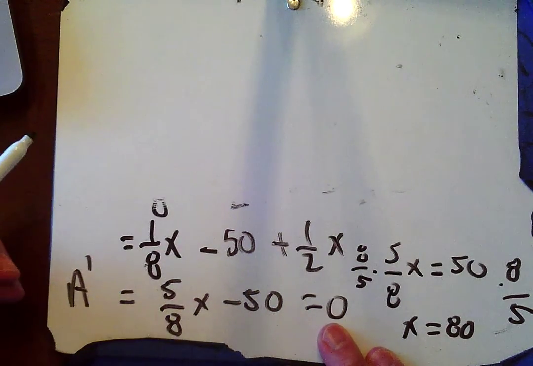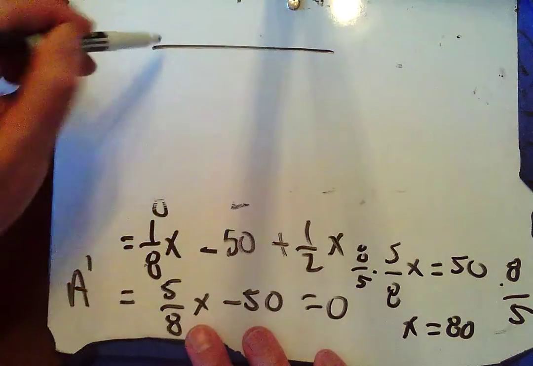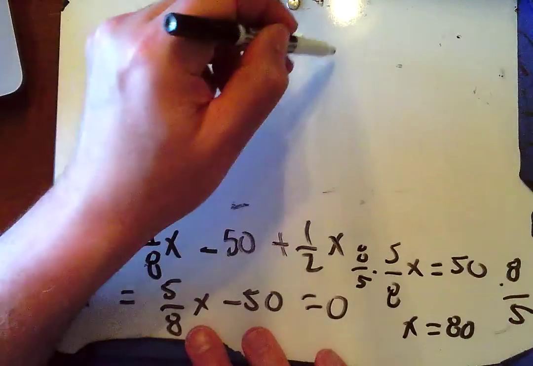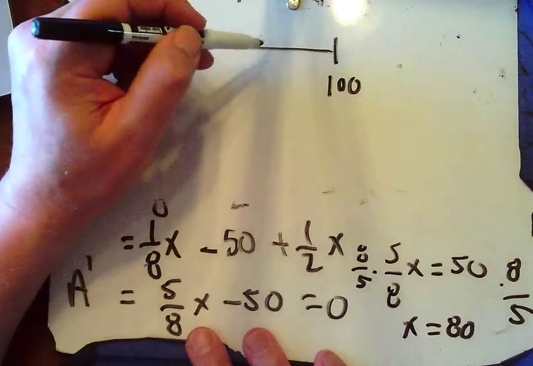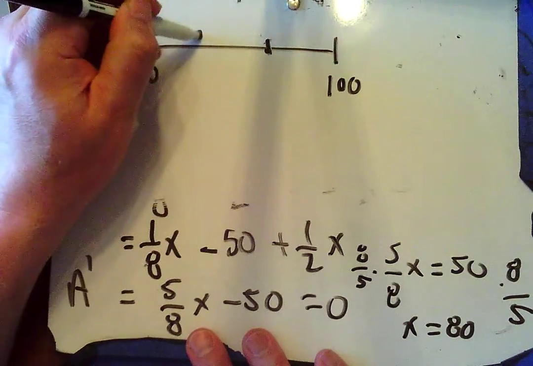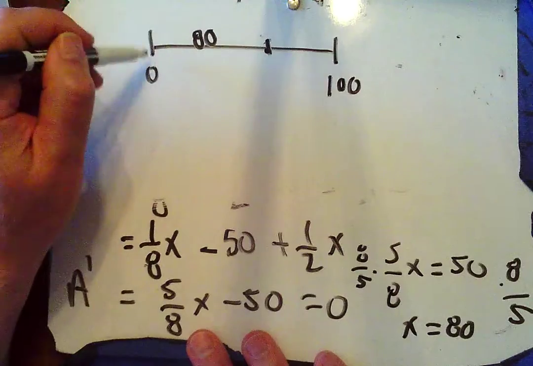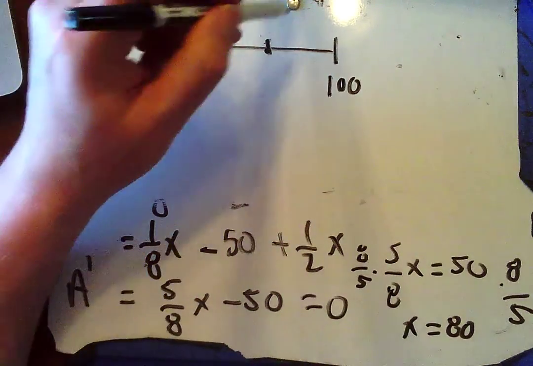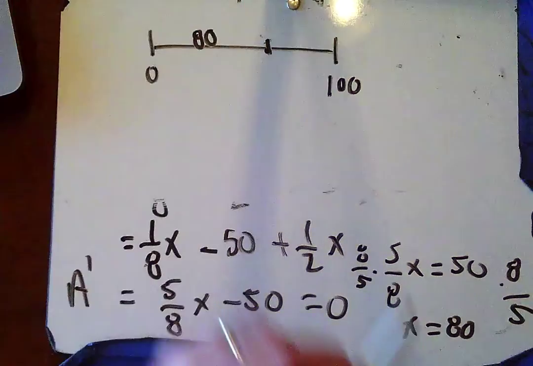There's, of course, A prime undefined, and we already went through that and said this linear equation is never undefined, but we also have the endpoints of a bounded interval. And this 100-foot piece of wire, well, that's bounded, so you can't have less than 0 or more than 100. And remember, we said that this is what x is.